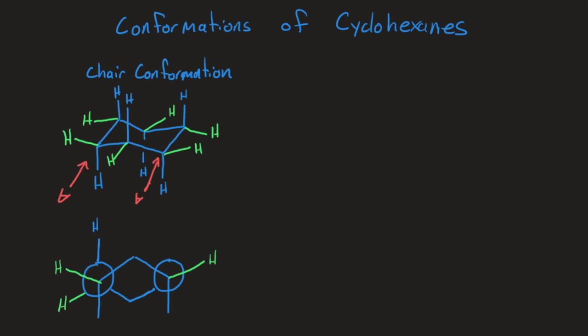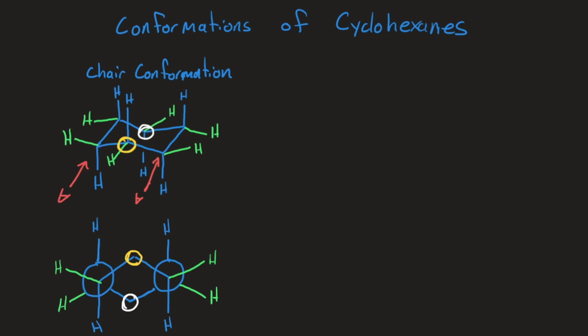Again, I've got a whole bunch of equatorial hydrogens connected there, and an axial hydrogen there. And so this carbon here is the same as that carbon, and this carbon is the same as that carbon.